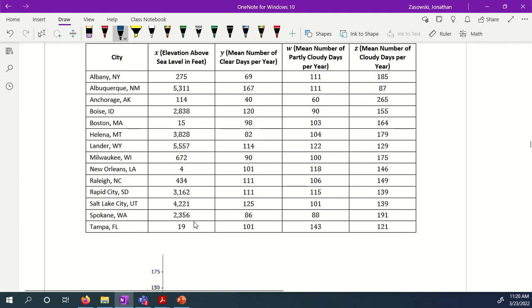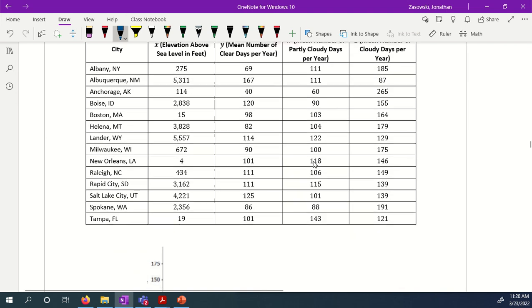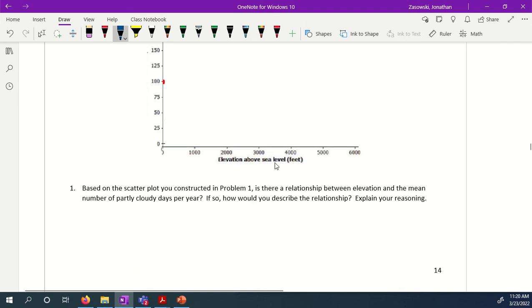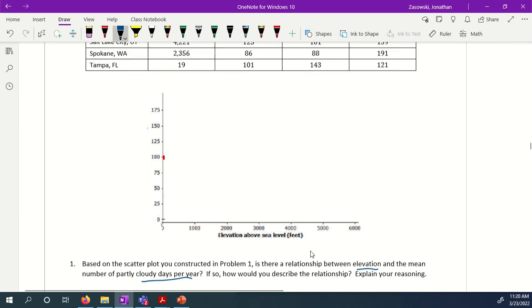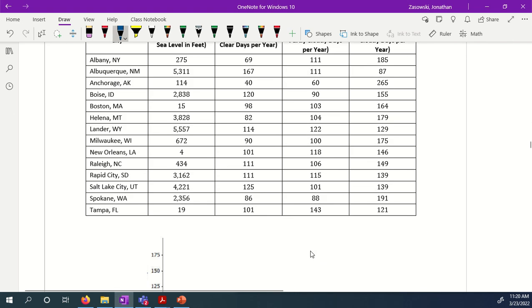So for homework tonight, what I'd like you to do is use our chart that we've been doing, create a graph of a scatter plot between the elevation and the mean number of cloudy days per year, okay? Partly cloudy. So once again, we're going to use this first column here, and the third column here, okay?